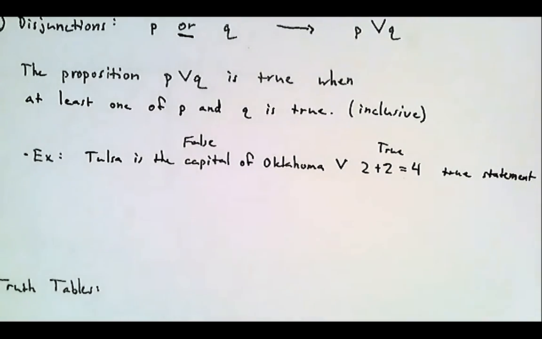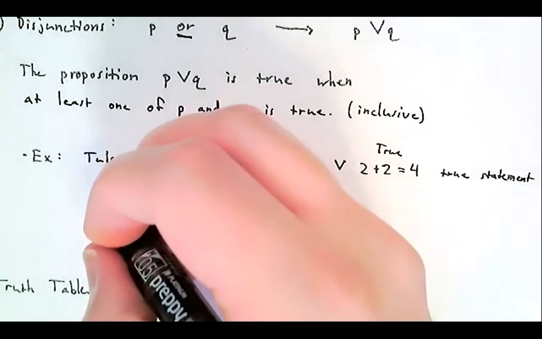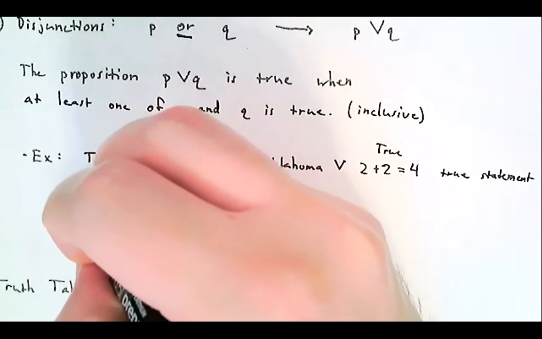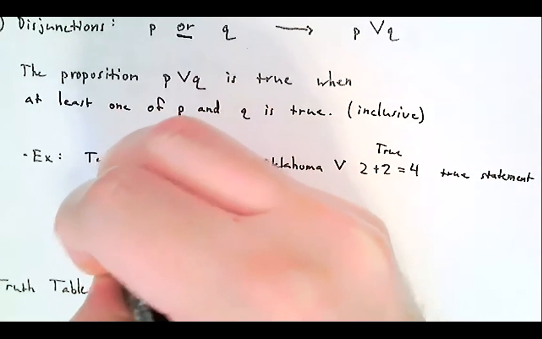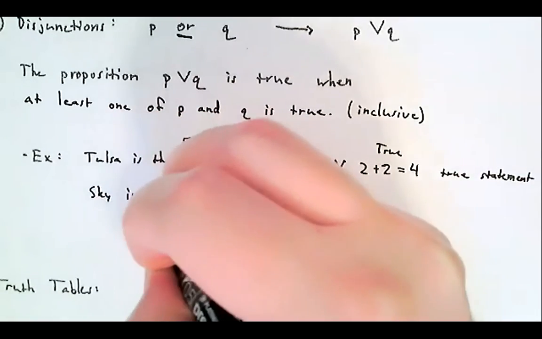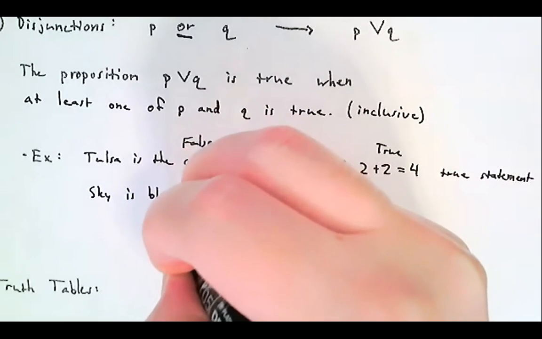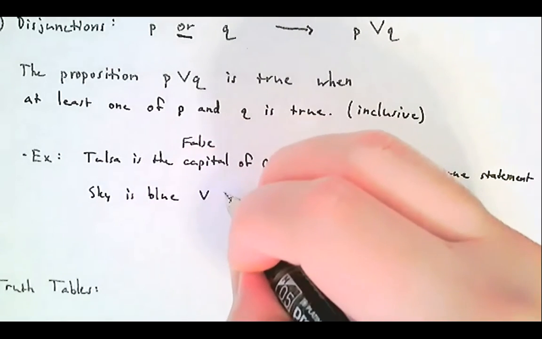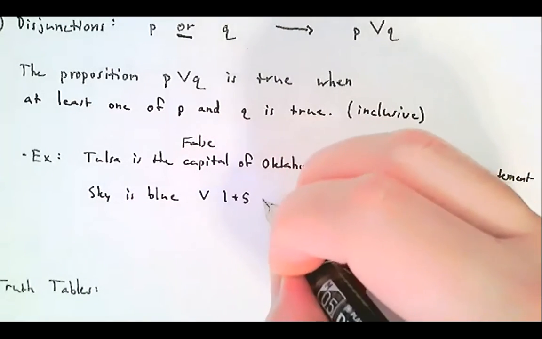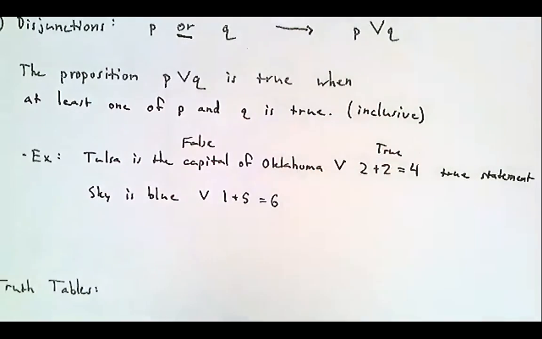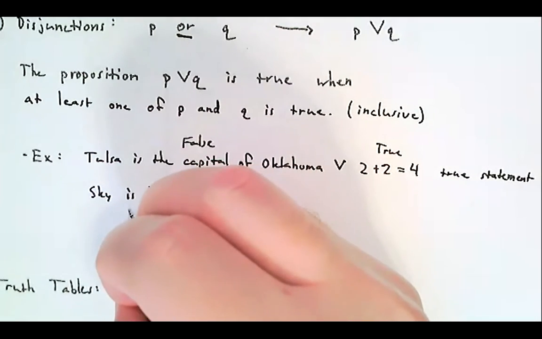Okay, or we could have both of them true. I could have said, what did I say earlier? The sky is blue. Or 1 plus 5 equals 6. So now we have two true statements.